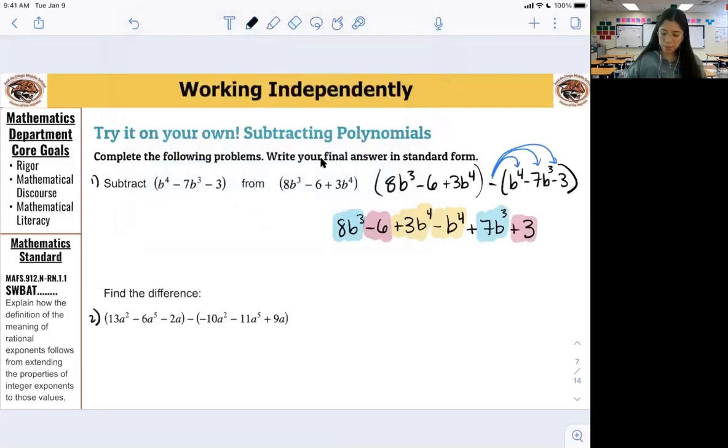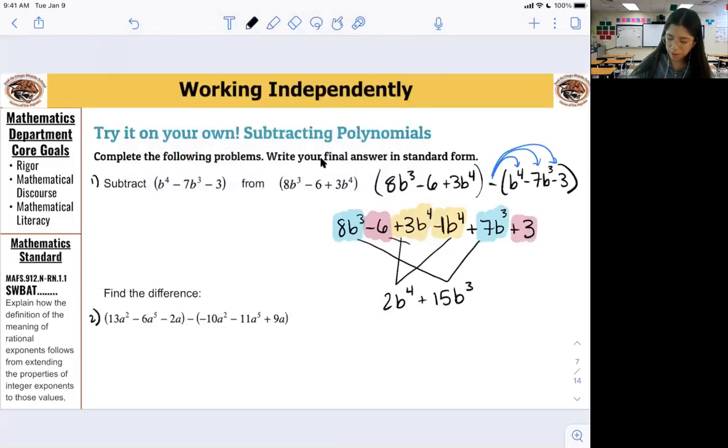Now I can combine like terms. So I start with my b to the power of 4. 3 minus 1, what's 3 minus 1? We got 2b to the power of 4. Then my b cubed terms, 7 plus 8: 15b to the power of 3.